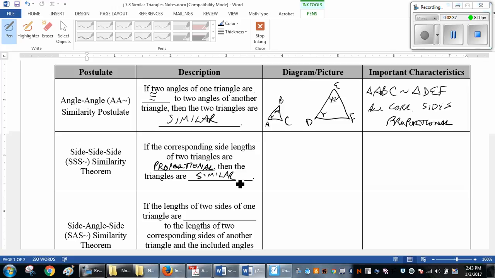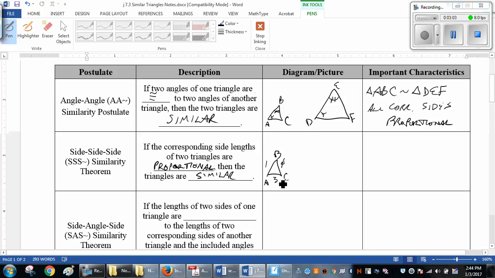All right, so here's what we know. Let's say we have triangle ABC again, this little guy, and let's say we know this side is 1, this side is 2, and this side is, actually, because that's not going to make a triangle, let's say that this side is 1, this side is 4, and this side is 3.